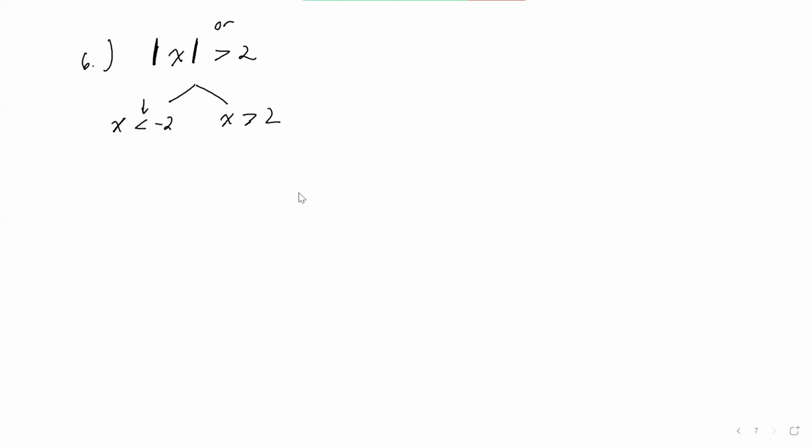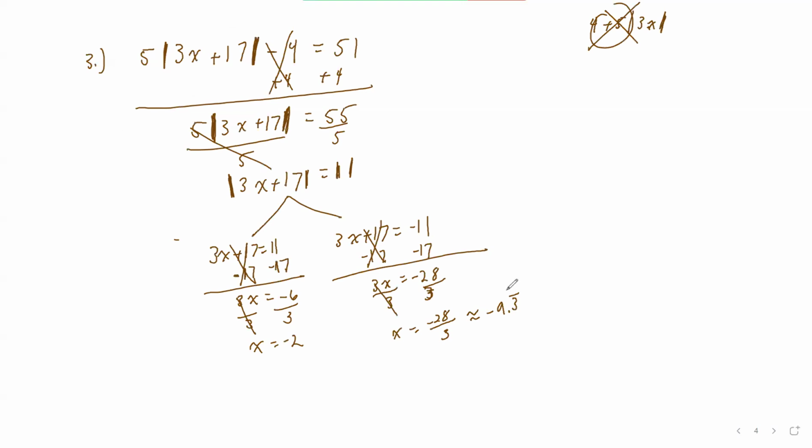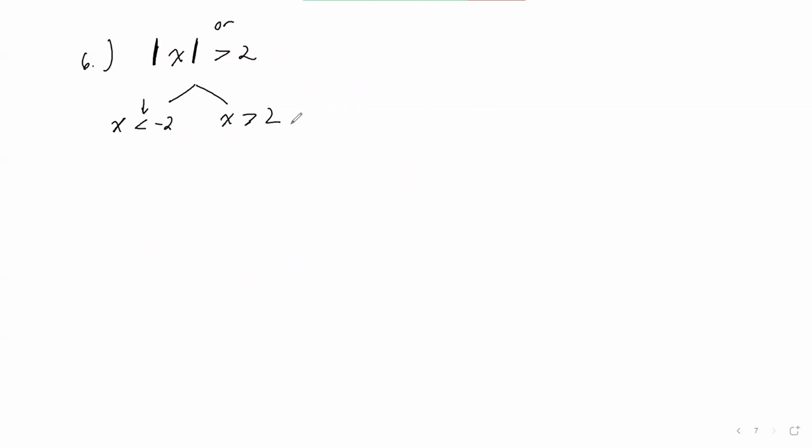So if we bounce back a couple of slides ago, when I broke this out into 2 separate equations, one stayed the same, one became a negative on the right side. That's basically exactly what I just did here. One stayed the same. This one now has a negative on the right side.